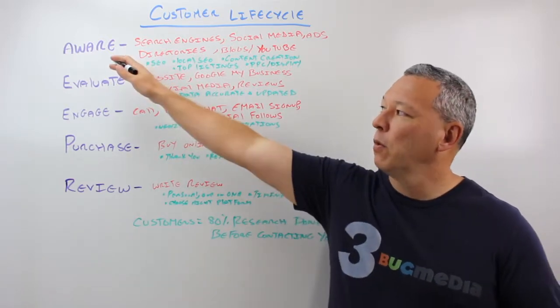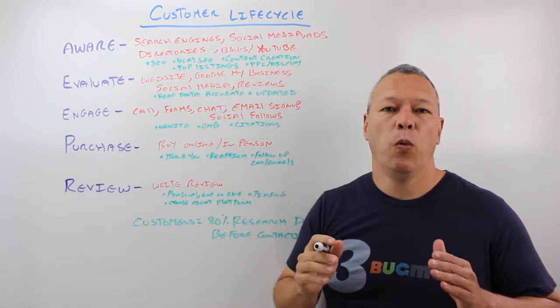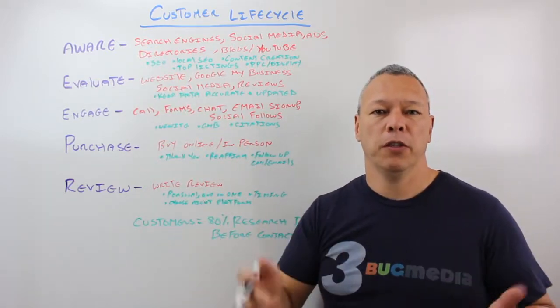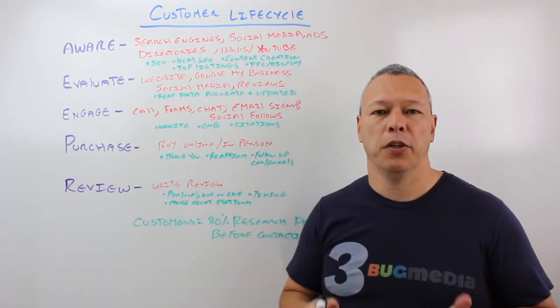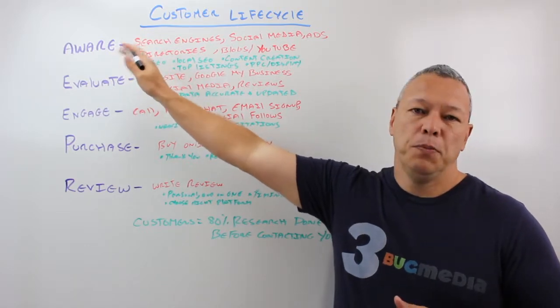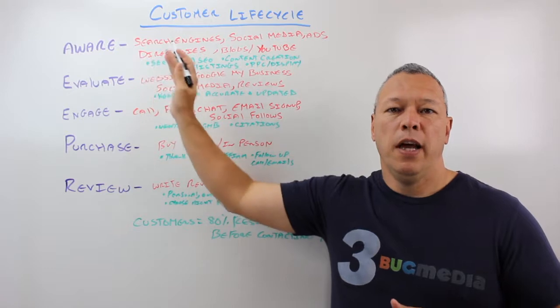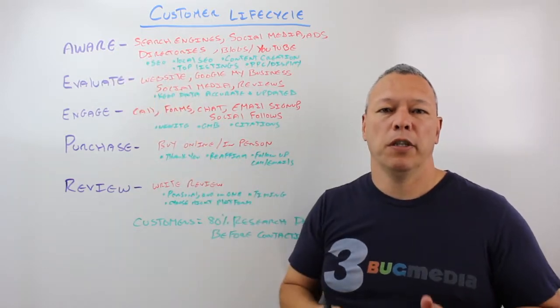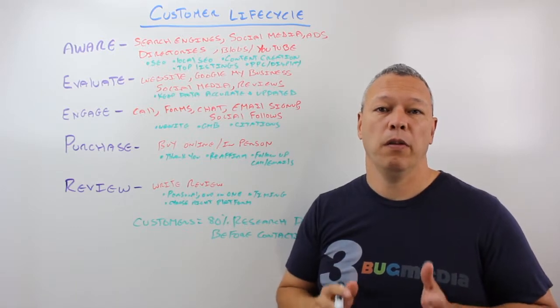The first stage we're going to talk about is awareness. Aware is when the customer starts doing their research. They decide that they need something, and they start their journey. It's your job as a business to make sure that when they're ready to start looking, you can be found. This is one of the big reasons traditional advertising doesn't work that well anymore.